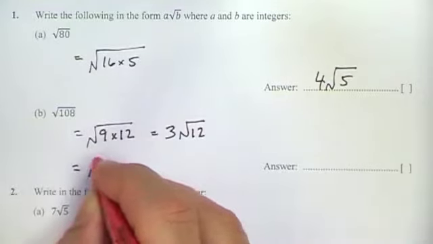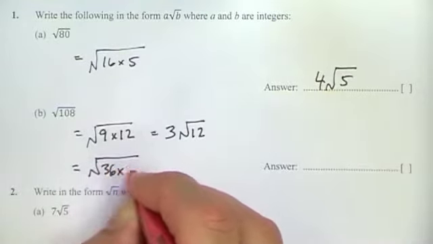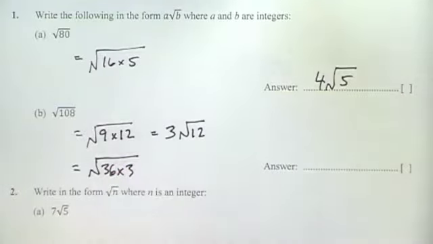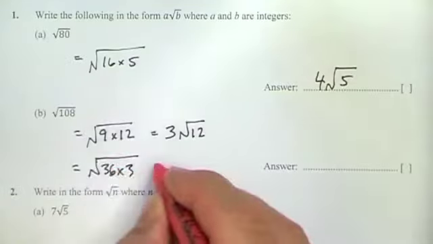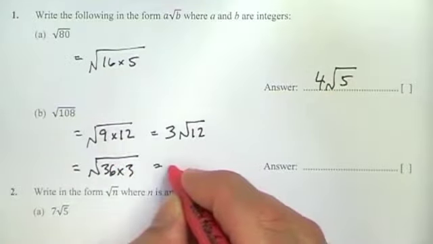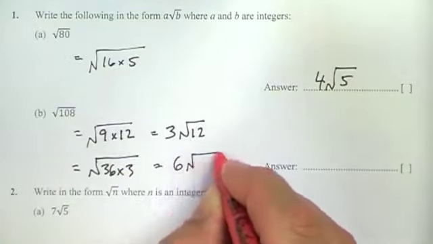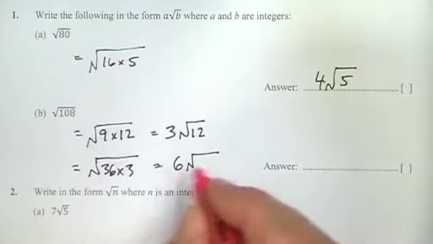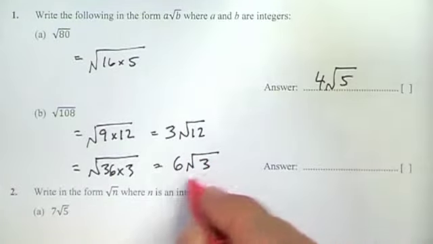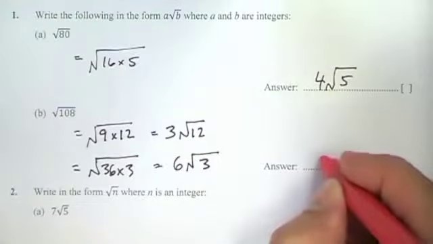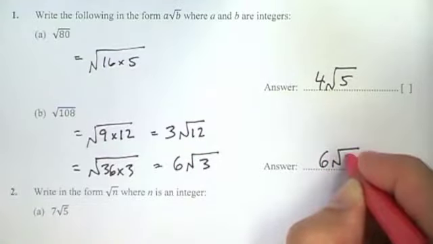So 108 can be 36 times 3, and the square root of 36 is 6, so that can come outside of the square root. So that becomes 6 outside of the square root, and then root 3. That's the simplest surd, so it's 6 root 3.